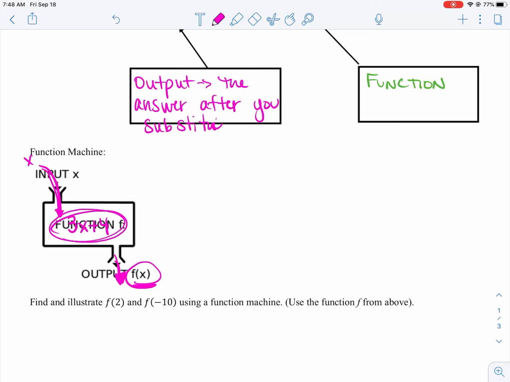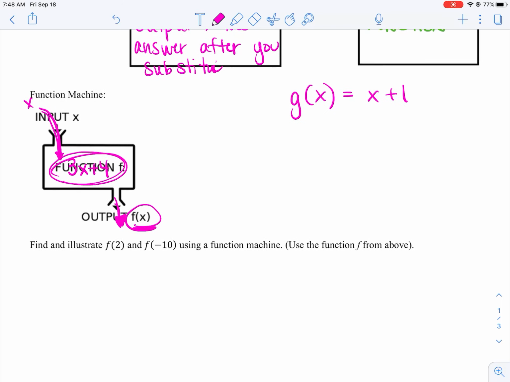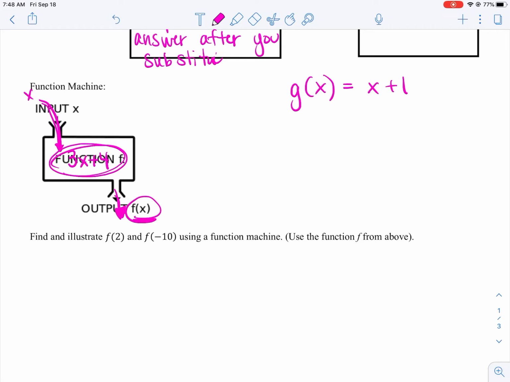All right, so we can see this in multiple ways. If I gave you a very basic example, like the function is g of x equals x plus 1, we can see this present itself in two ways. I could ask two things. I could say, what's g of 1? And then I could also say g of x equals 5.